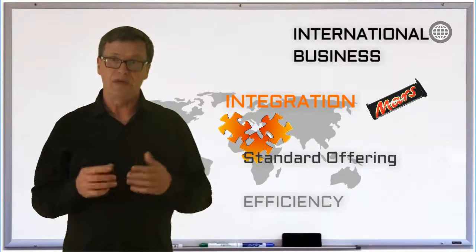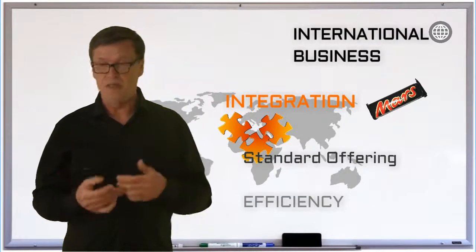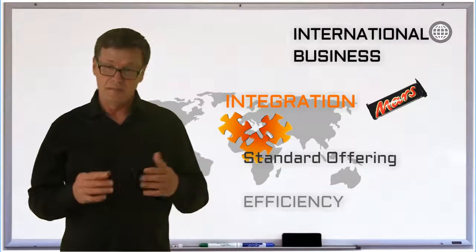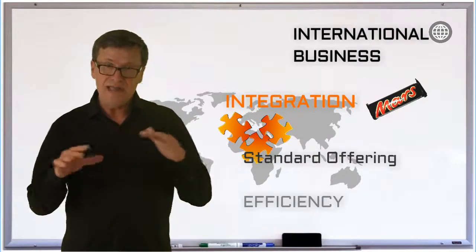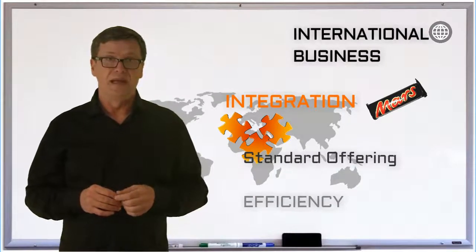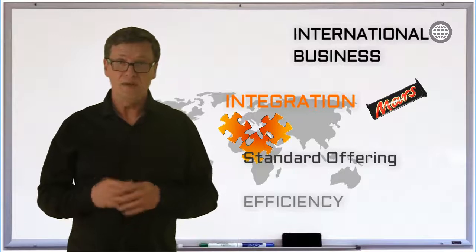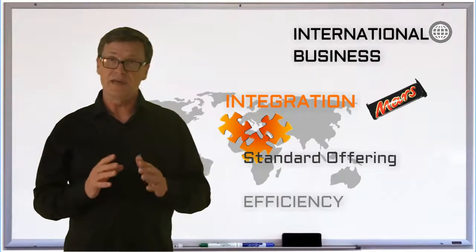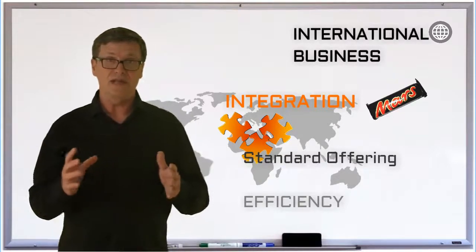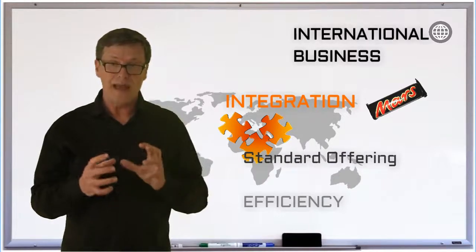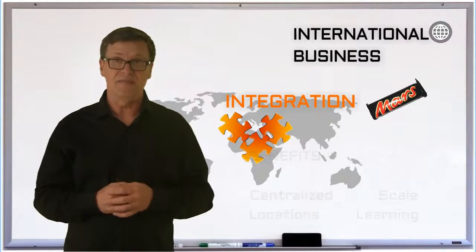As a matter of fact, production processes, technology, product design, distribution channels, and other activities might also be fairly standardized. And as a result of this high level of standardization, it would make sense for Mars to integrate all of their international activities as much as possible in order to maximize their efficiency.